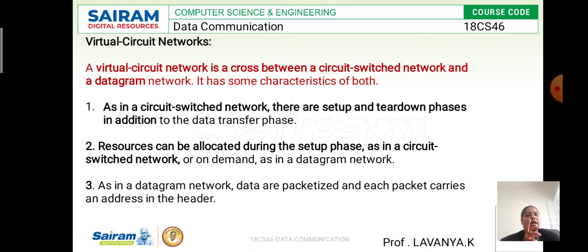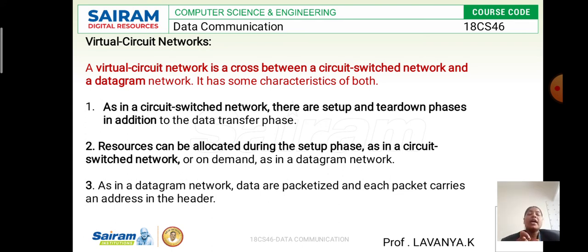In circuit switching, the resources can be allocated at the setup phase, based on the resource demand. And in the datagram network, the packet size should be either a fixed packet size or a variable packet size.